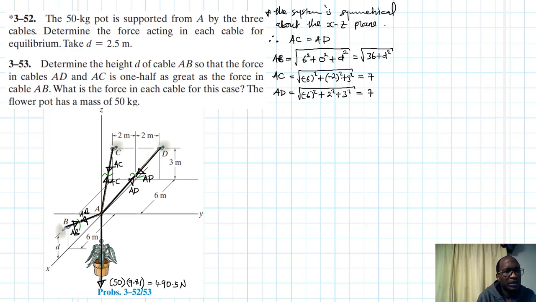Let's start with AD. So AD, we are going to have a component in this direction like so. We'll have something like this, and then we'll also have something like this.